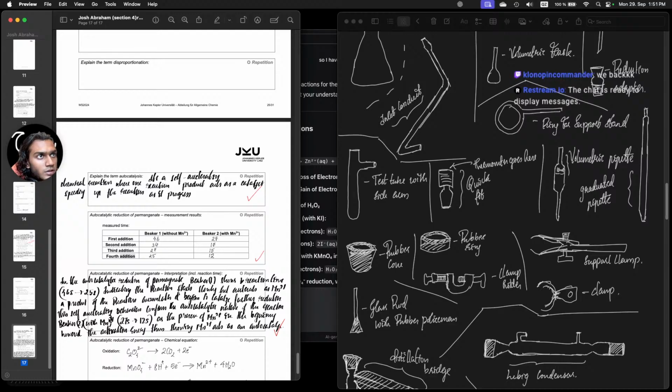This self-accelerating behavior confirms the autocatalytic nature of the reaction. Beaker 2 has the presence of Mn2+ from the beginning, which lowers the activation energy, so Mn2+ acts as an autocatalyst.